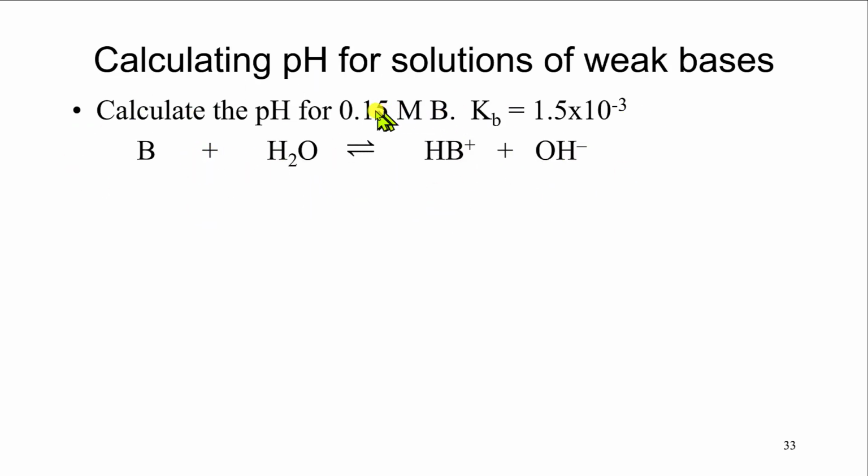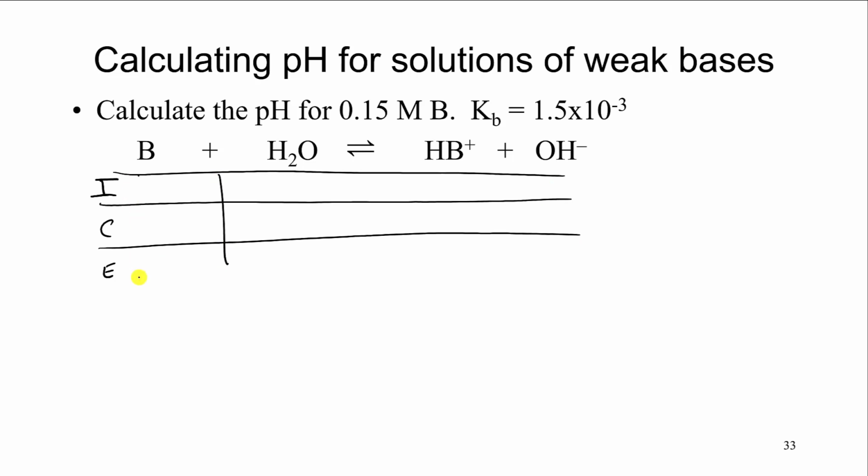And so I have to set up an ICE table, right? Once I have that, and I know my initial, change, and equilibrium, we'll just draw lines like this.